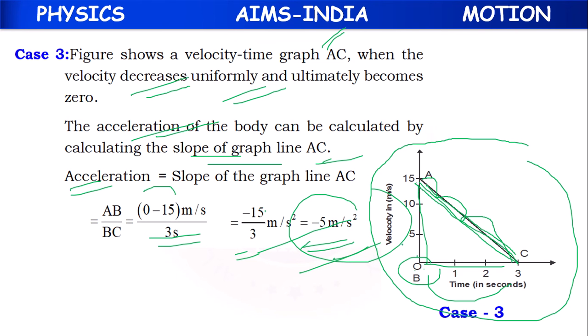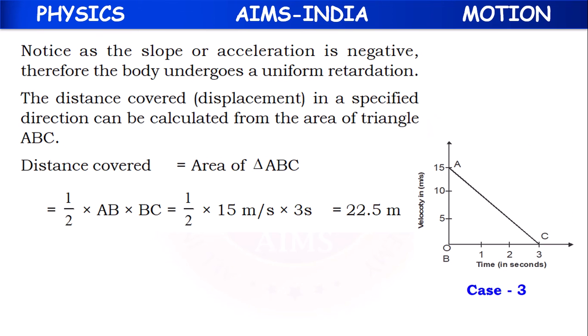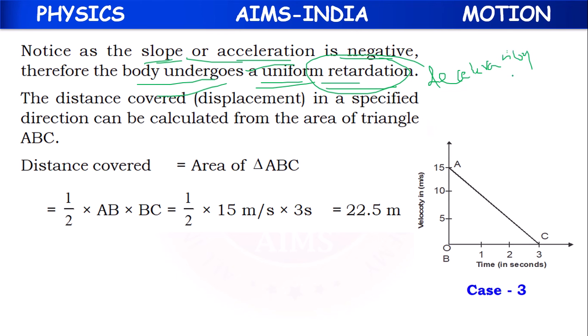Acceleration is negative because slope is negative, that means velocity is decreasing. So the slope or acceleration is negative, so therefore the body undergoes a uniform retardation or deceleration or negative acceleration.